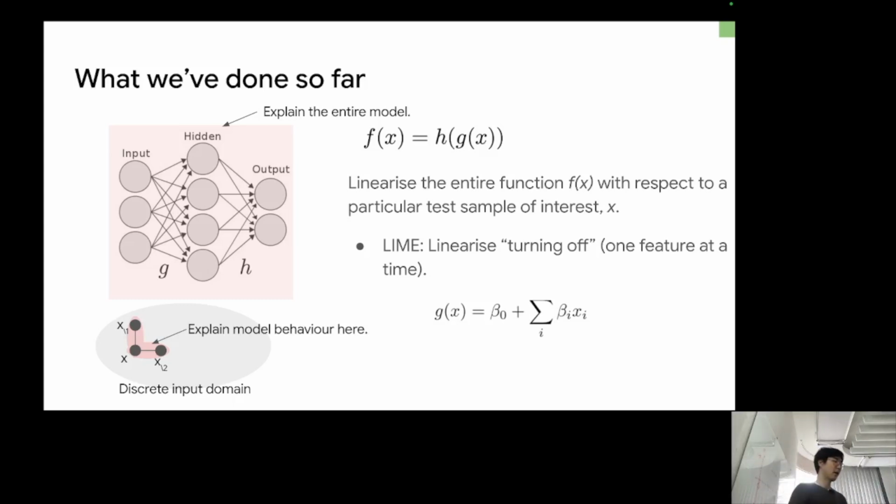So instead of having the possibility to entirely turn off all the features in the test input, you basically turn off a single feature at a time, and then see the model reaction to these small perturbations of the test input in a discrete way.